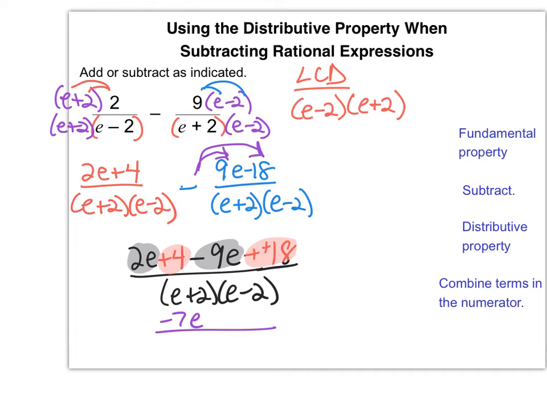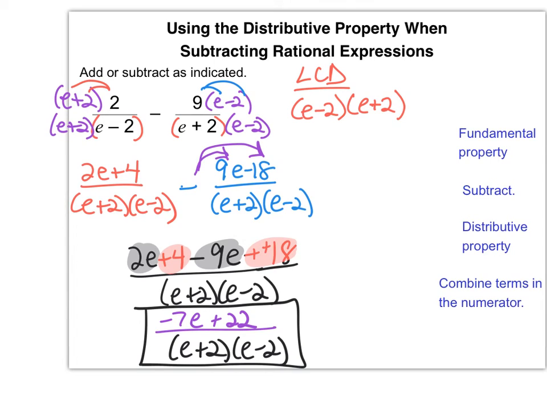And then the plus 4 and the minus negative 18, or plus 18, is plus 22 in the numerator. And our denominator is our LCD of e plus 2 times e minus 2. And that would be our final answer, which is a result of subtracting those rational expressions, first finding the LCD, and then combining the numerators.